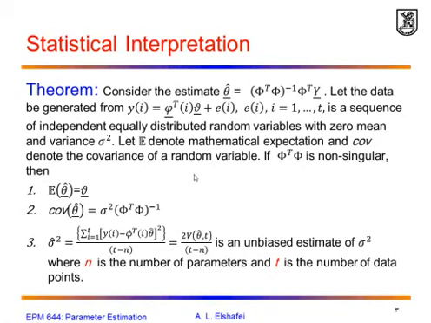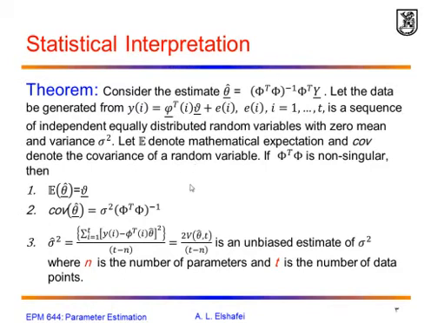Anyhow, the basic properties say that under these ideal conditions, the least squares estimate that we produce would be unbiased, which means that the expected value of the estimated parameter theta is equal to the true value. The covariance of the estimate would be equal to the variance of the noise multiplied by (phi transpose phi) inverse, and the significance of this matrix is that its diagonal elements will be the variances of the different estimates in the vector theta.